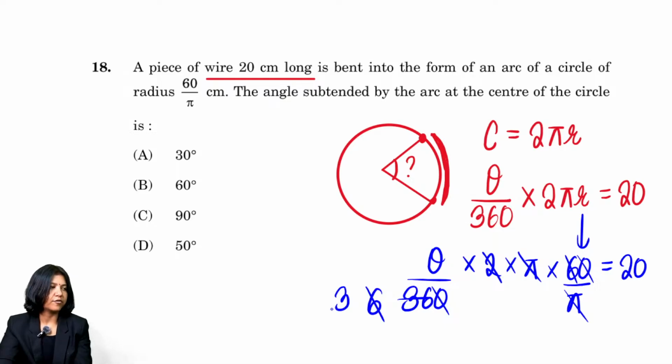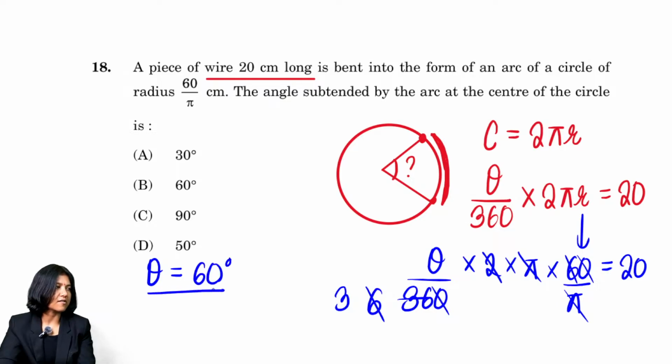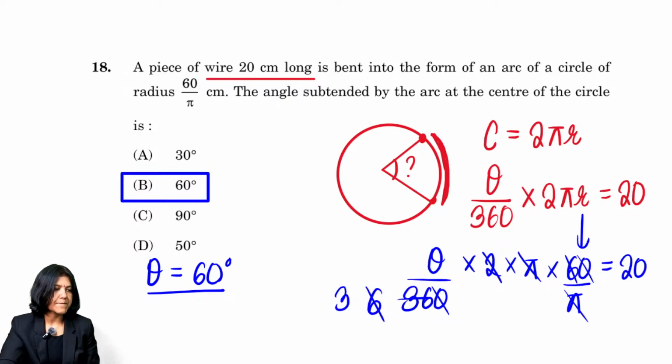Now I have 3 at the bottom, so anything you have at the bottom, you take it to the other side to multiply. So theta on the left, 20 times 3 is 60. So the angle has to be 60 degrees. The answer is option B. Correct. The answer is 60 degrees.